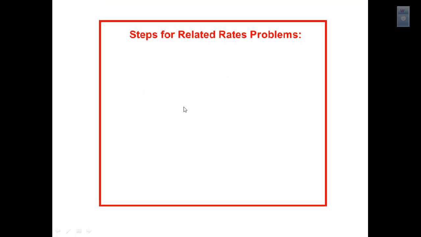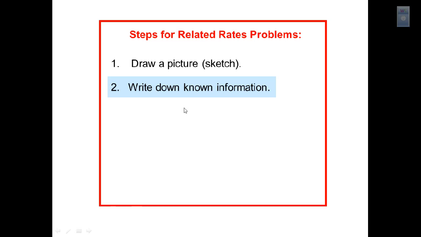All right, so here's the steps you need to go through for a related rate problem. First thing you need to do is you need to draw a picture. It does not have to be a pretty picture. You've seen my drawings. They are not pretty. But you need to be able to visualize what's going on. So draw a picture, label the things that you know. Also label the things that you're looking for. Write down all your known information.